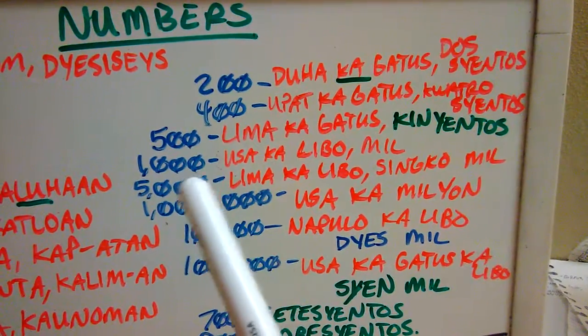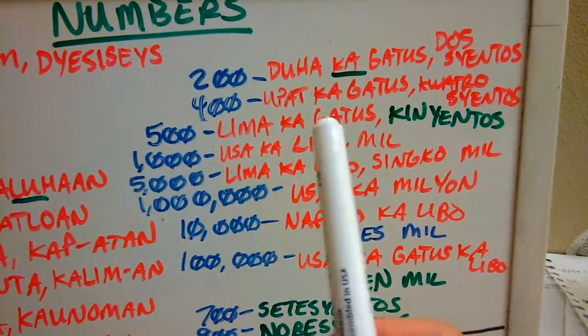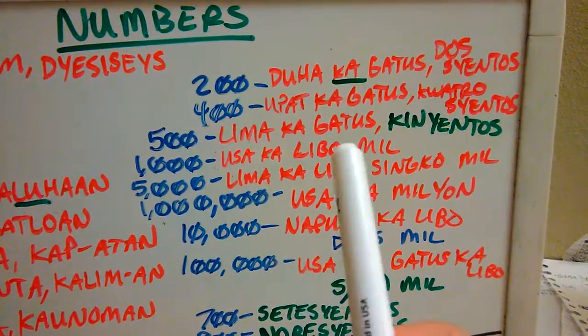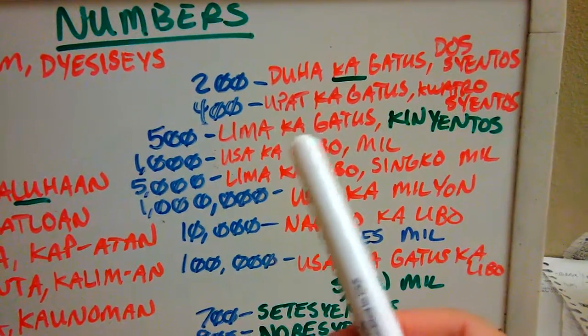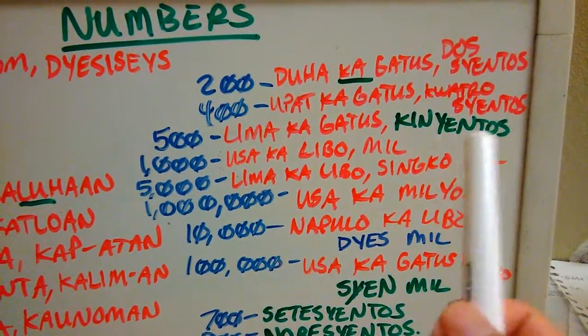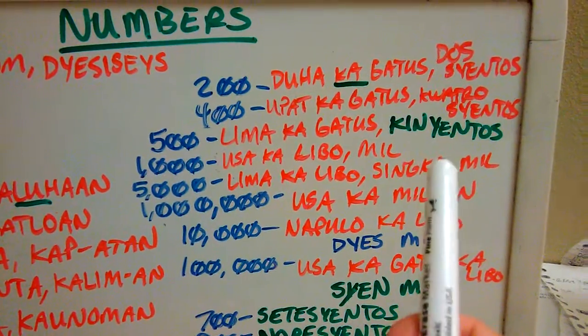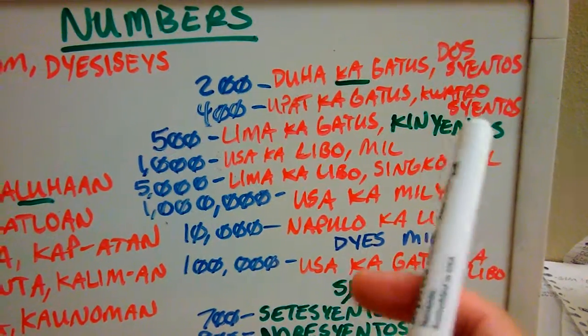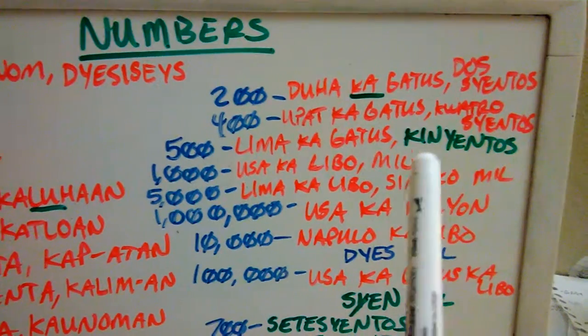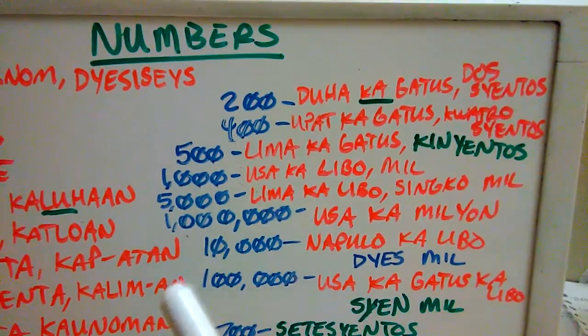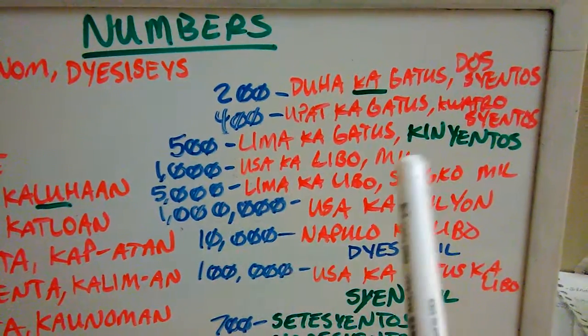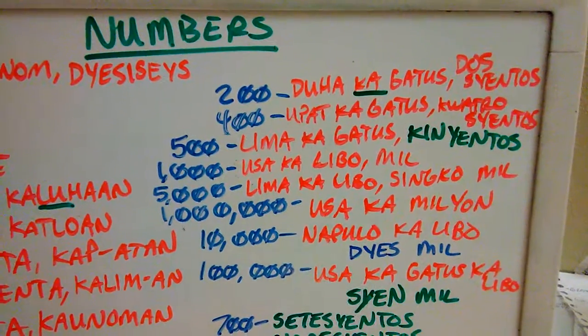However, 500 is different, okay? Even though the indigenous set stays the same with the pattern of ka, the Hispanic set is the irregular one now, and this is the really weird one that you need to memorize by heart. A lot of people would like to say cinco-cientos. No, it's quinientos, okay? Quinientos, not cinco-cientos.